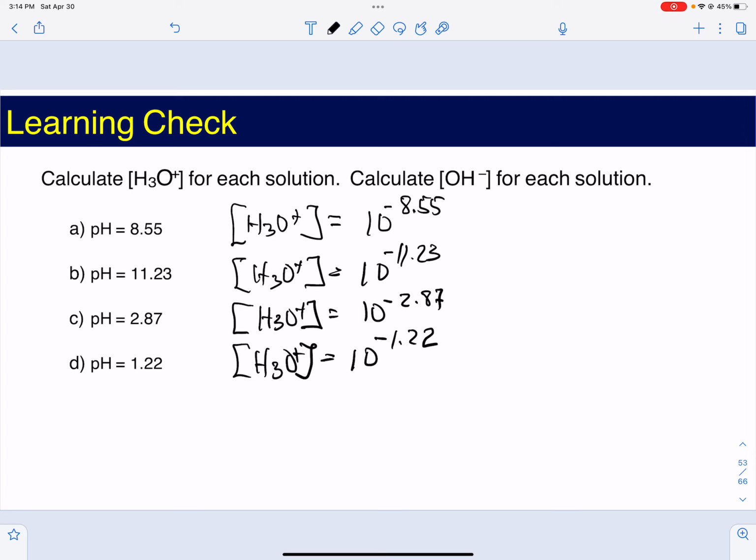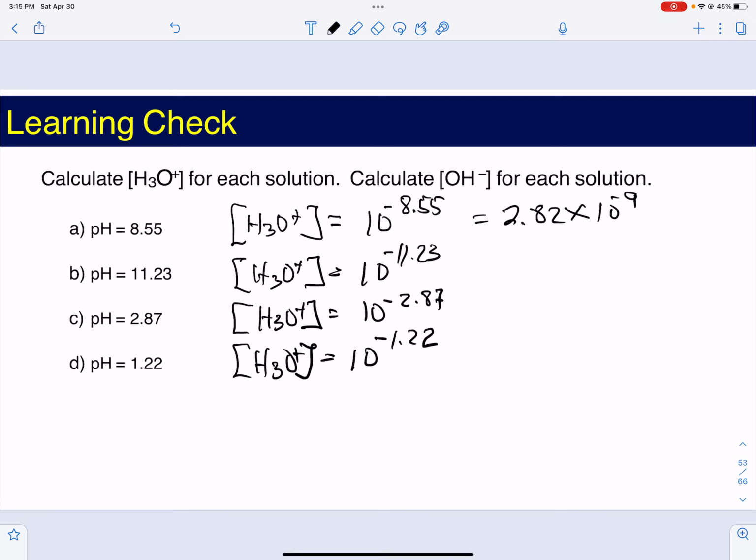So let me do the first one so you can double check your calculations later. So let's see. 8.55 negative, 10 to that is going to be 2.82 times 10 to the minus 9.